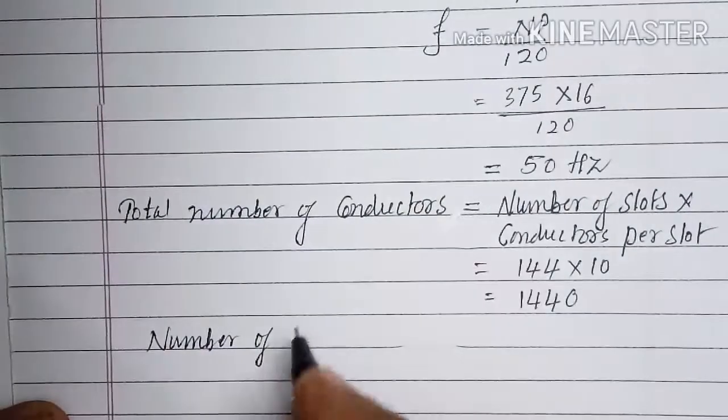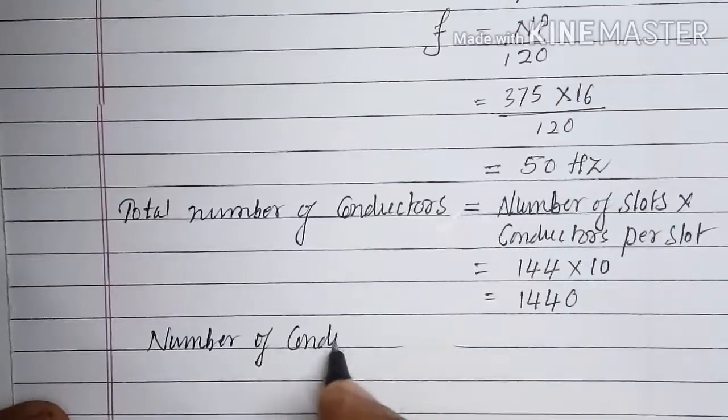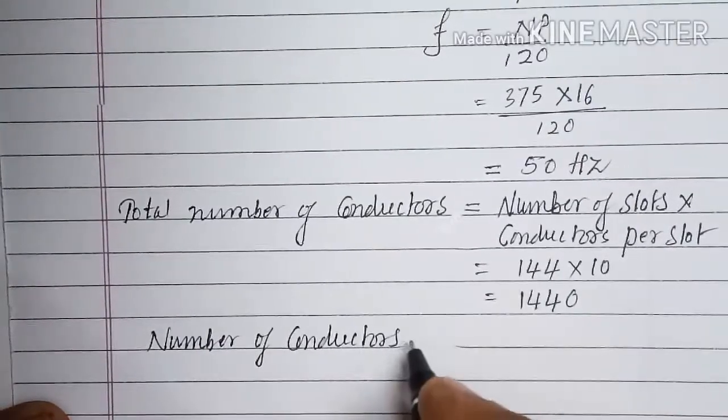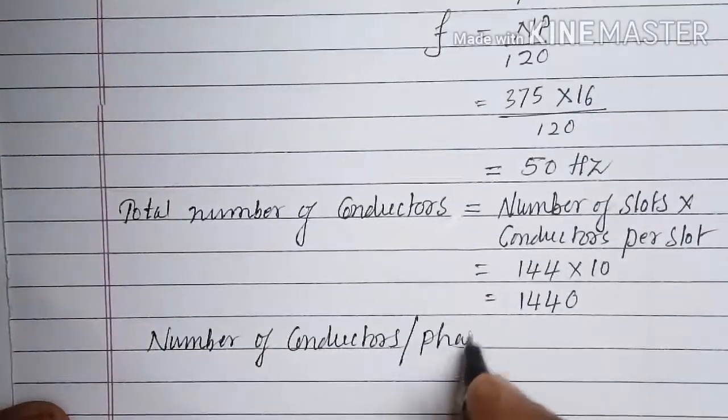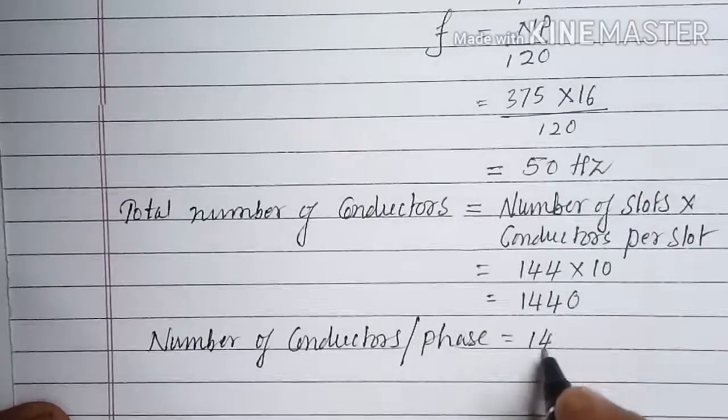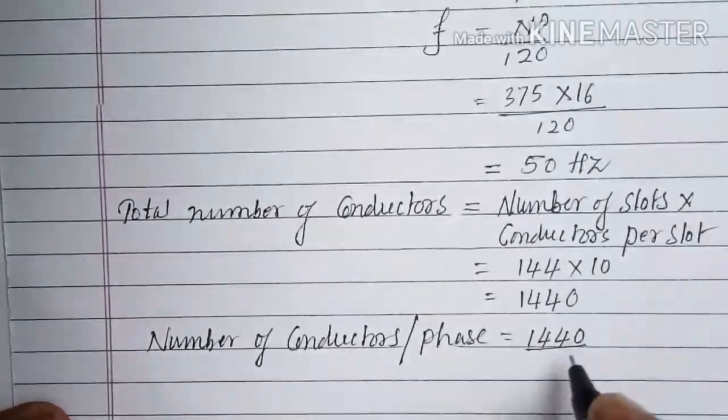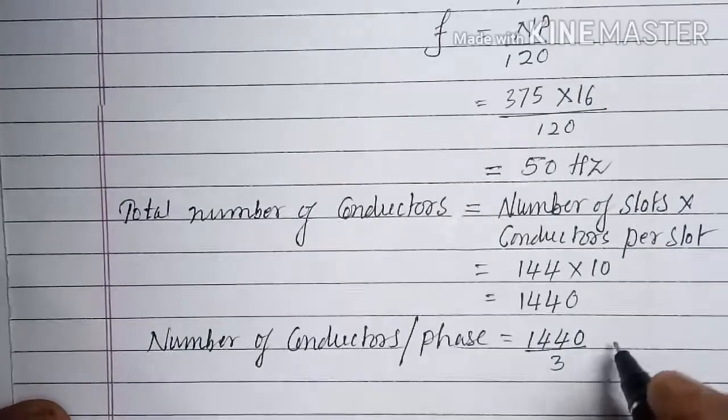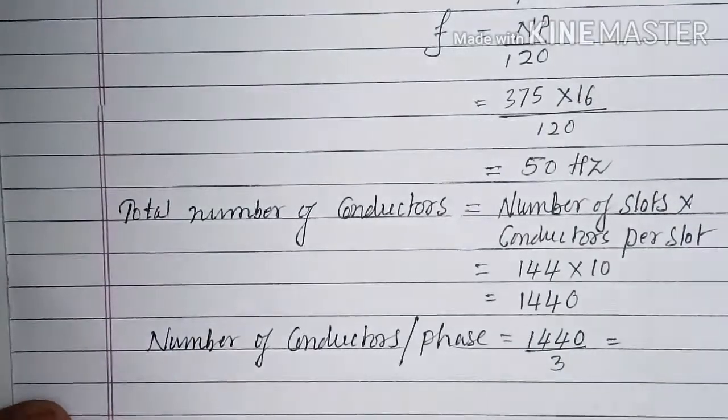Number of conductors per phase is equal to 1440 divided by 3, that is 480.